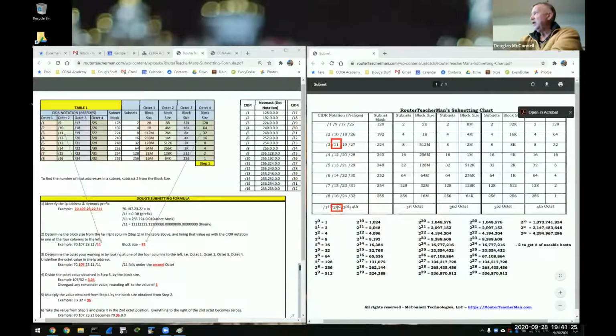Next thing I look at is this number, 224. So if that 224 is going to live in the second octet, do you see that the first octet is all ones and that the second octet is 224?